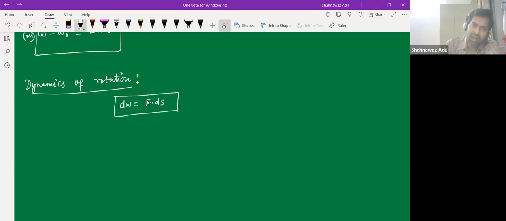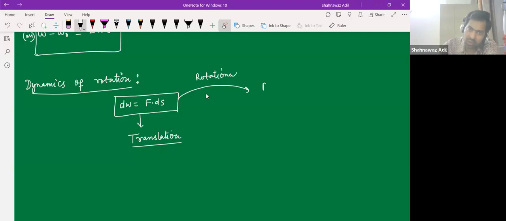Similarly, in rotation, this is the translational motion, and the rotational analog of this would be how much? The work done due to the rotating force. So what is the rotating force? What is the rotational analog of force, guys?